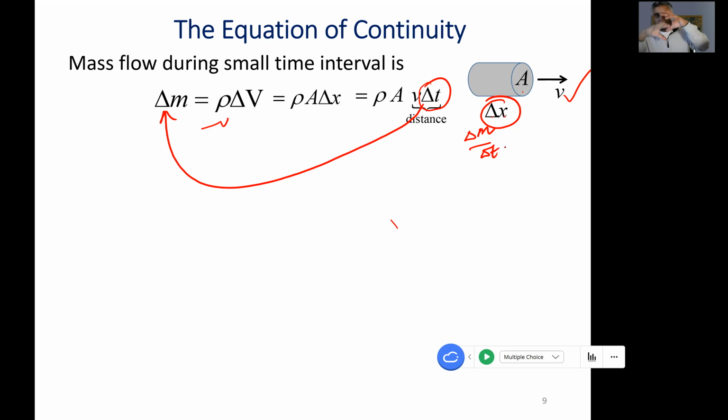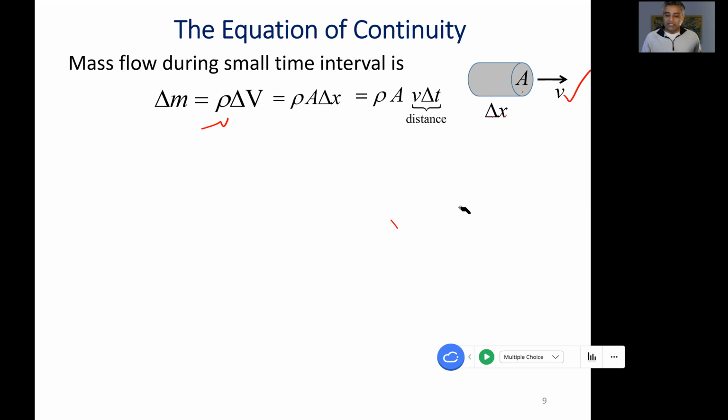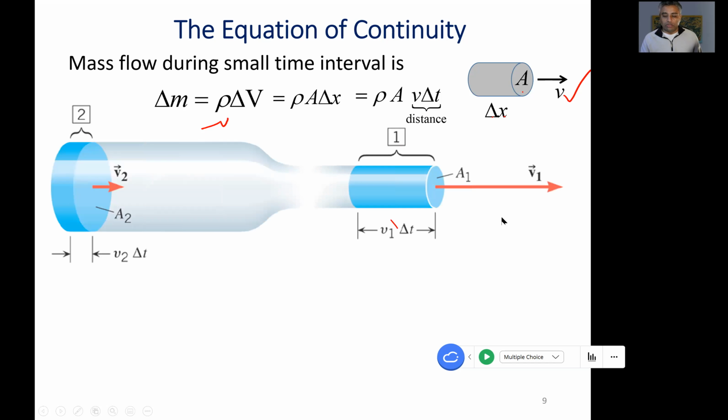You divide the total mass by the time, that's going to be the rate of flow of water. Rate of mass flow of the water. So flow can be in terms of volume flow or mass flow. In this case, this is mass flow, okay? So rate of mass flow. So that means this is the rate of flow of the water. So we can write something like that.